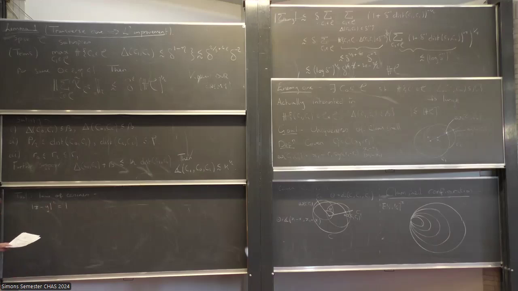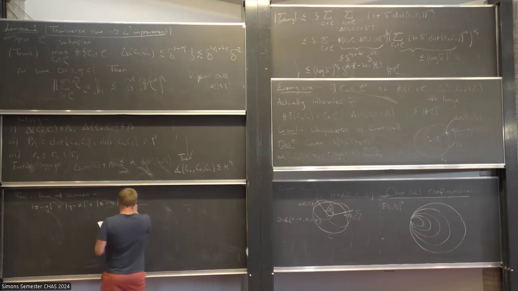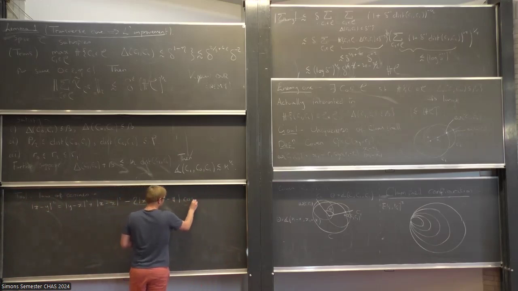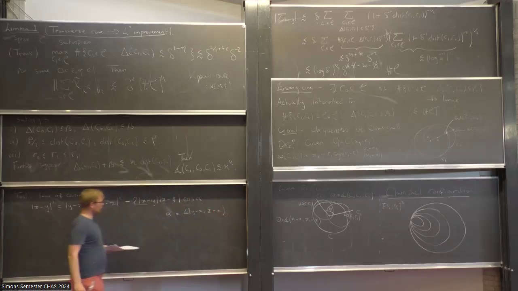So if we have three vectors x, y, and z, have a look at the difference between z and y squared. I can write that as the sum of the differences between y and x squared and z and x squared. So this holds with equality when the vectors form vertices of a right angle triangle, but in general we have this correction factor, which involves this angle alpha, where alpha is the angle between y minus x and z minus x. So in the right angle case, cos alpha is 0.